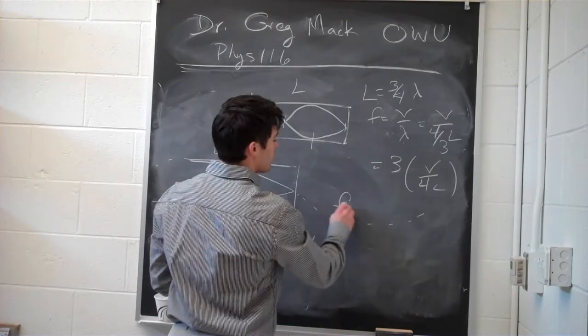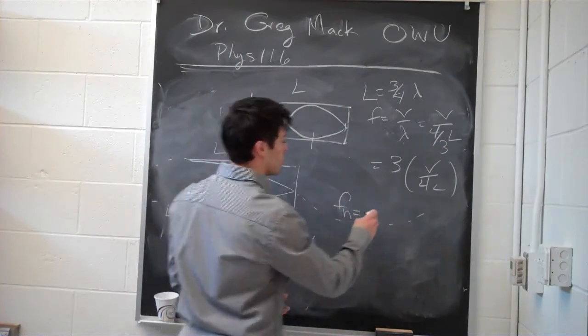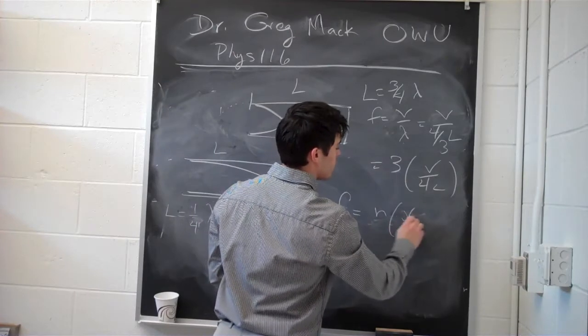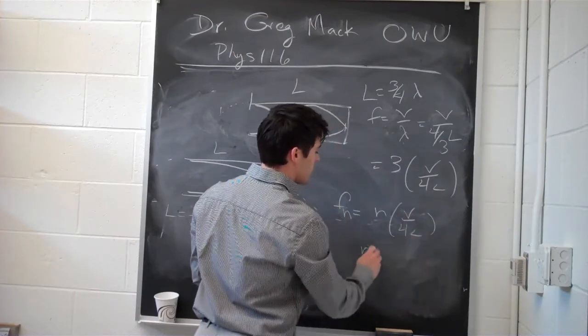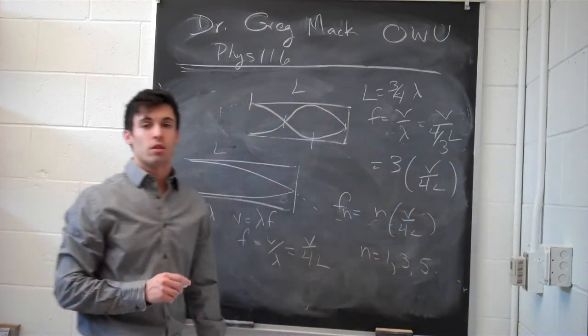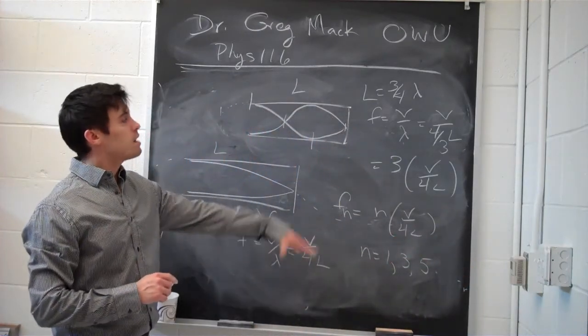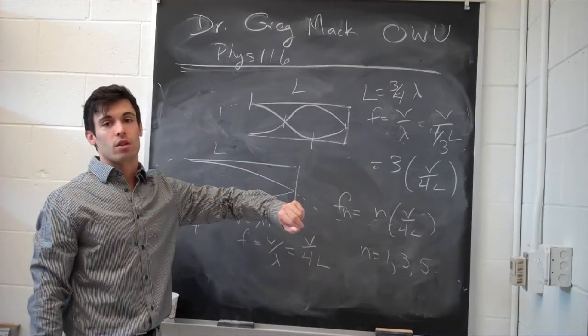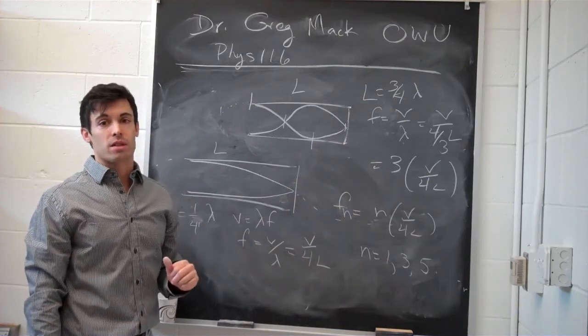That you end up with F sub n is equal to n times V over 4L, where n is equal to 1, 3, 5, etc. And that ends up happening because of the fact that you have this closed end on one side, unlike before where you have the two open ends for the pipe.